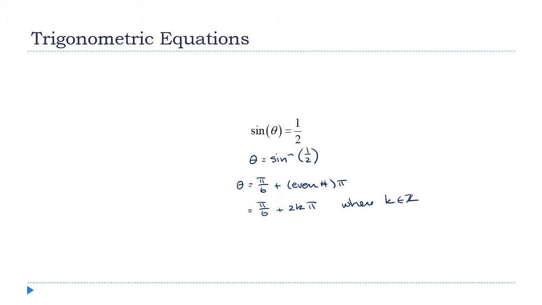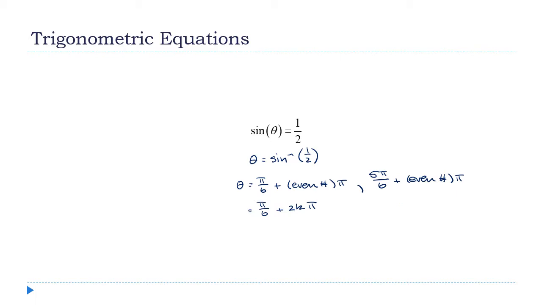All right, think about this for a minute. 5 pi over 6 also works. Sine of 5 pi over 6 is 1/2. So there's another set of answers here now. Also, I have to include 5 pi over 6 plus an even number times pi, and I'm going to say an even number exactly the same way that I did before.